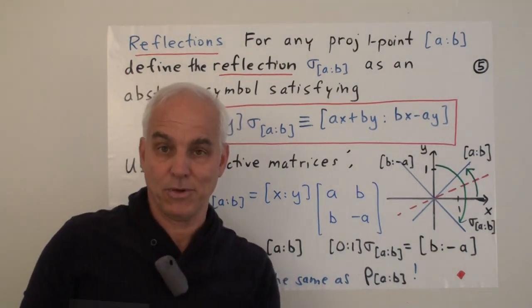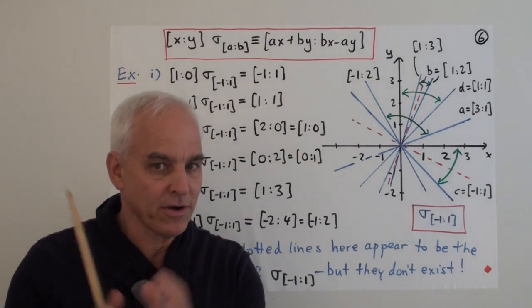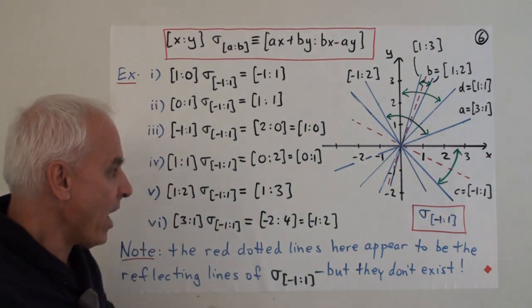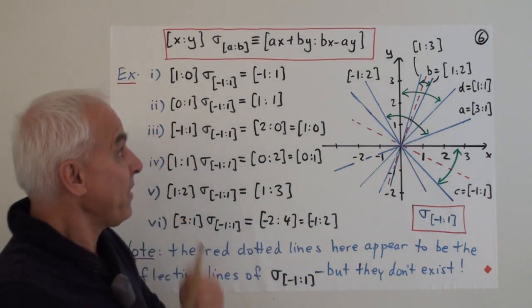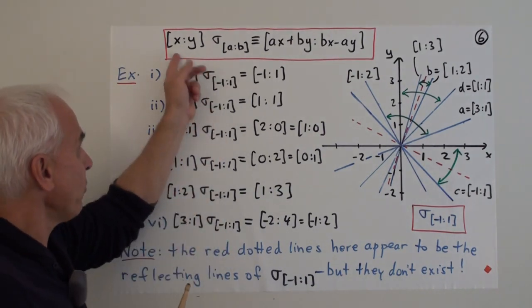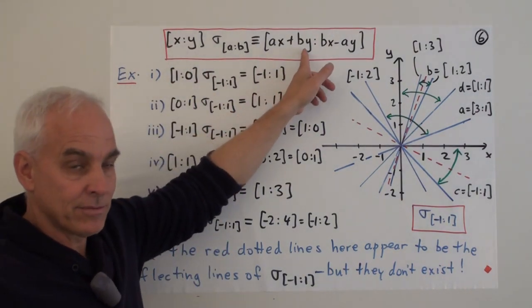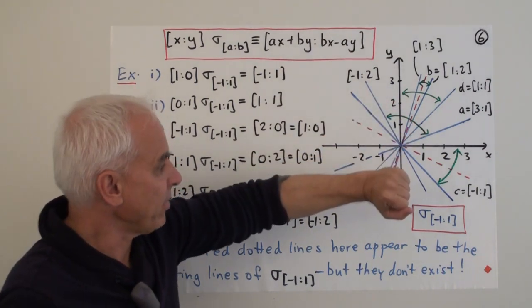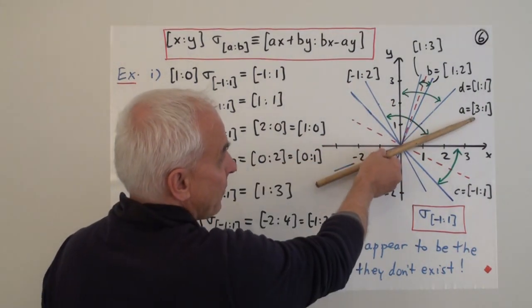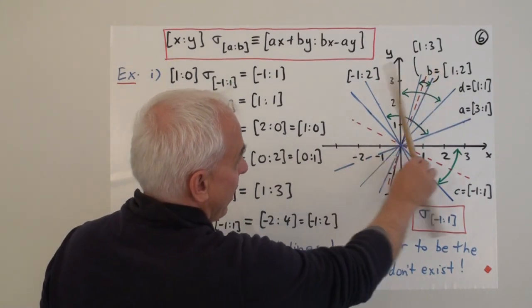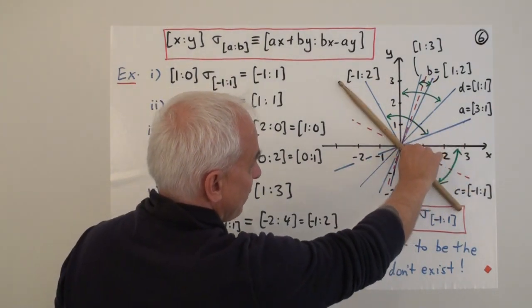Well, they are indistinguishable here. To get some better intuition for what this reflection does, when we think about it as taking x, y and sending it to this, let's have a look at this example, which has a few of our familiar lines. There's 3 to 1, there is 1 to 2, and there is minus 1 to 1.